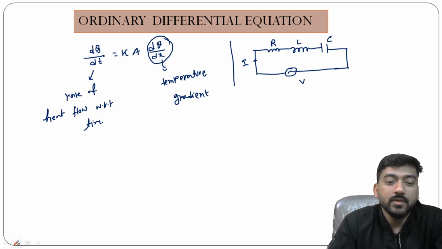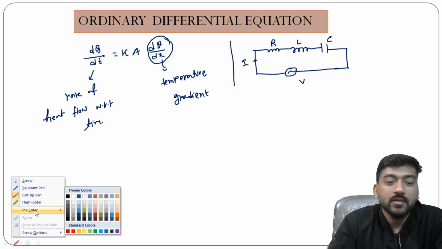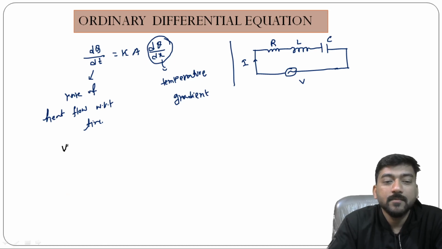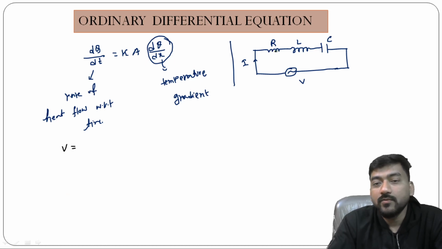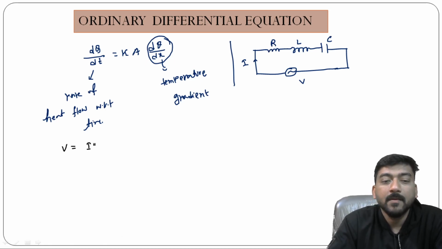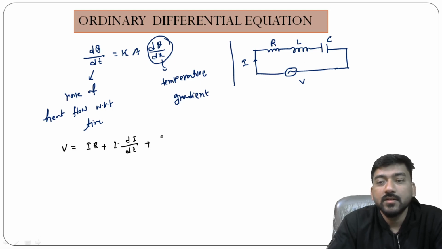V will be the potential drop across the resistance, IR, plus the potential drop across the inductor, that is L dI/dt, plus the potential drop across the capacitor, that is equal to Q by C.